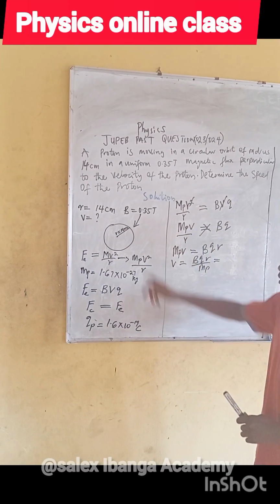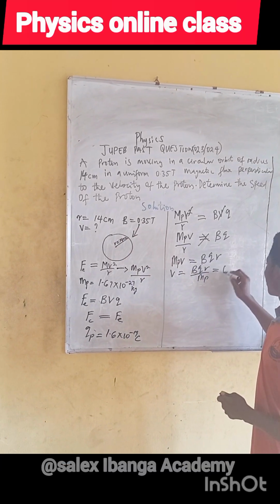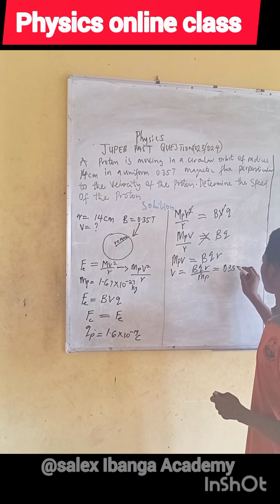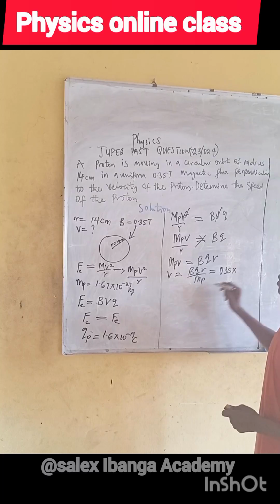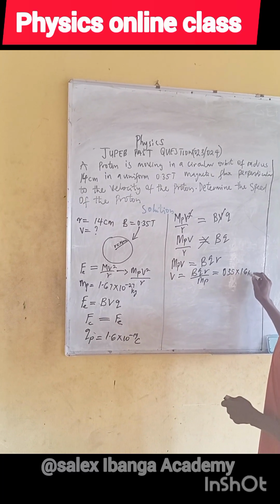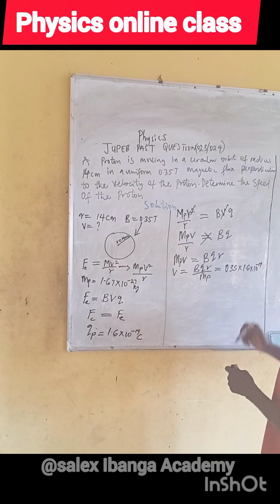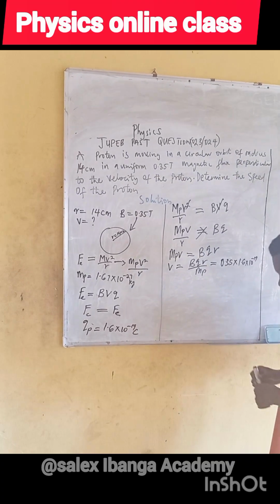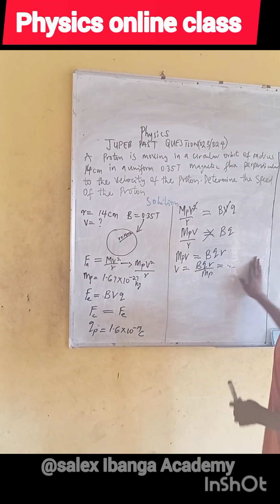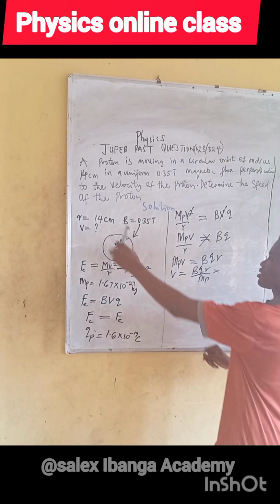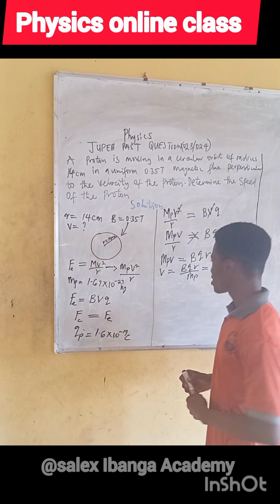B is given to be 0.35, times our Q, which is 1.6 times 10 raised to the power minus 19. Our r is in cm, so you will convert.